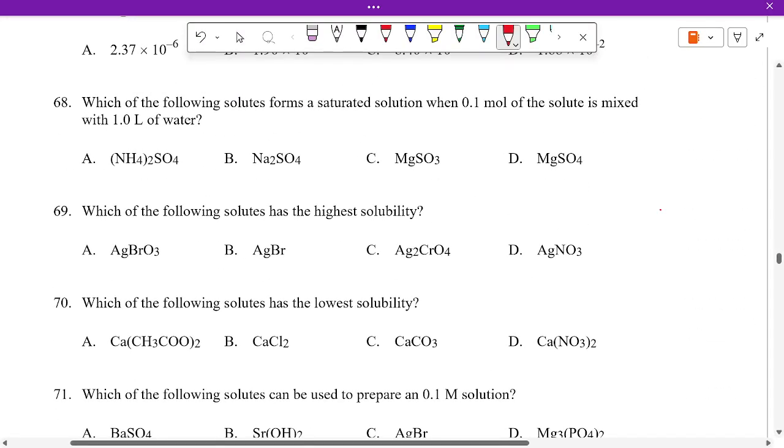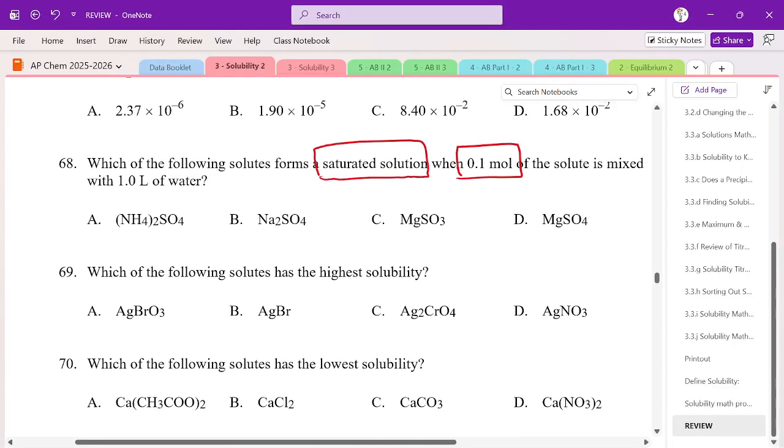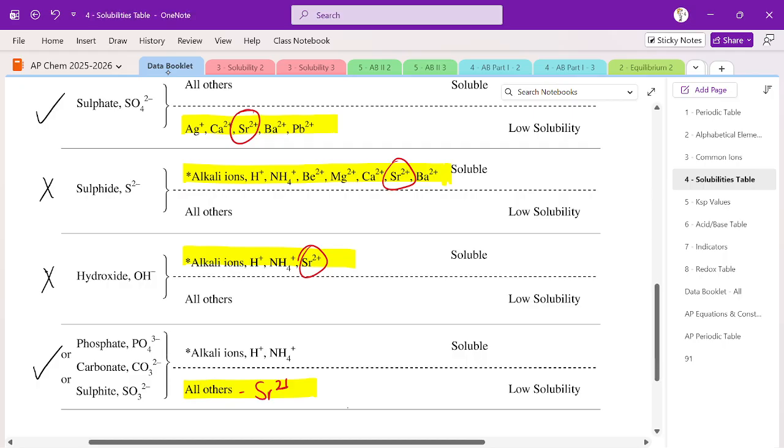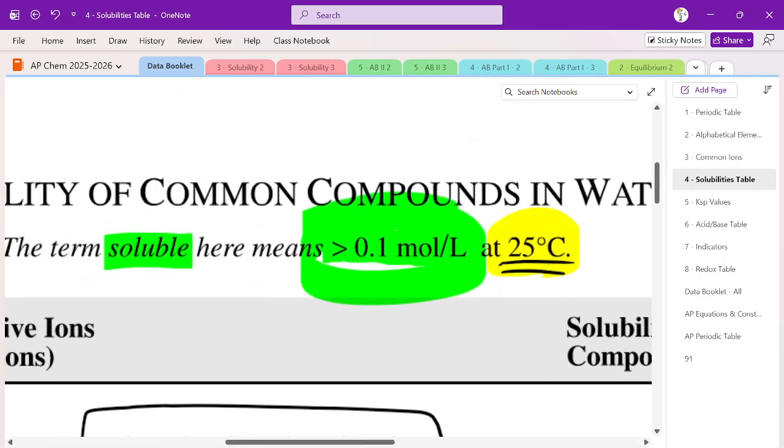Okay, which of the following solutes forms a saturated solution when 0.1 moles is in 1 liter of water? Now, what you need to remember for this one is that soluble means you can do greater than 0.1 moles.